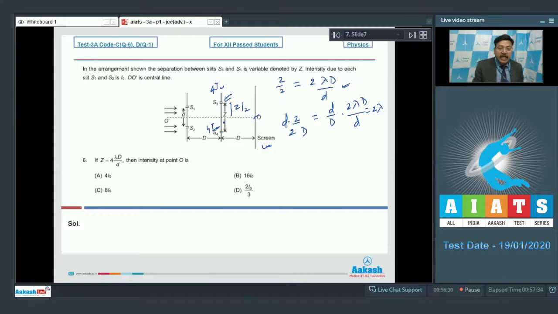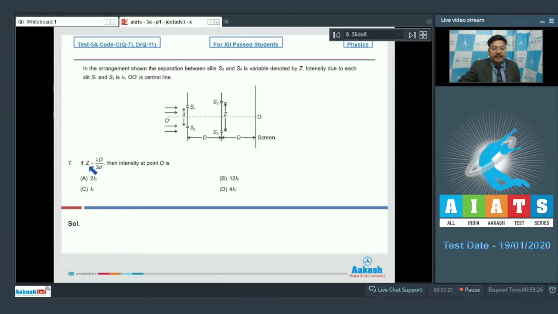The logic that we applied for points S3 and S4, similarly here due to constructive interference, the intensity is going to be 4 times the intensity due to each source on the screen. And if we apply that, then intensity at O will be 16I0. If here it is 4I0, then here it is 16I0, which means for question 6, option B is correct and other options are incorrect. Let's go on to the next question now.